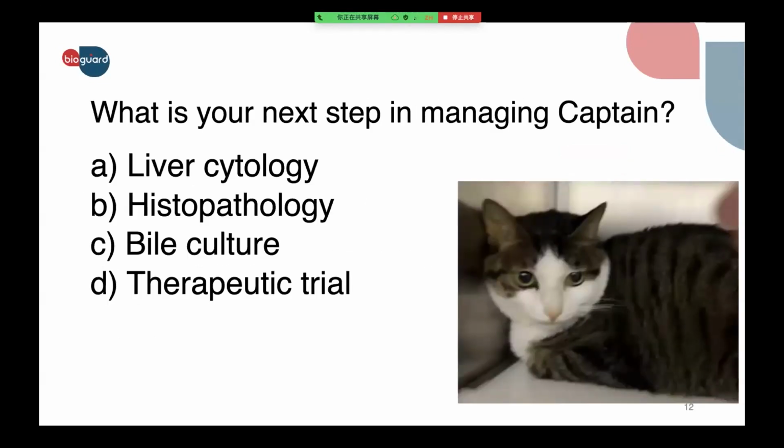So once we know the tentative diagnosis for Captain is hepatic lipidosis, what will we do next?